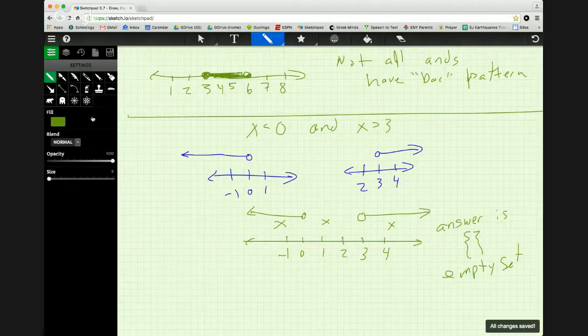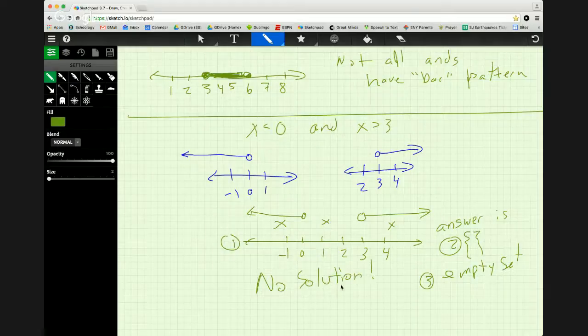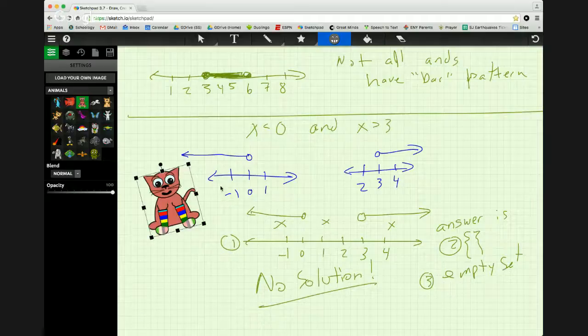So here's one way to show the answer. Here's a second way to show the answer. Here's a third way to say the answer. There is no solution. And because we got that right, happy cat, you got the right answer here. So remember, sometimes an and will have this bar pattern. Sometimes it will have nothing.